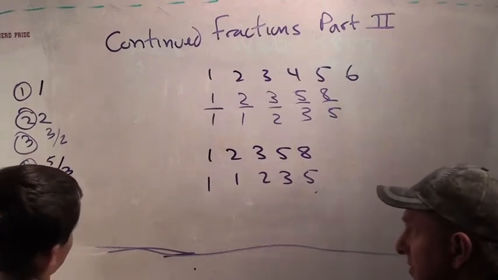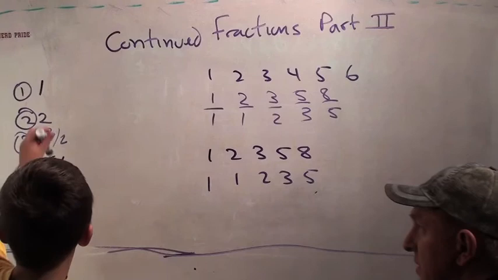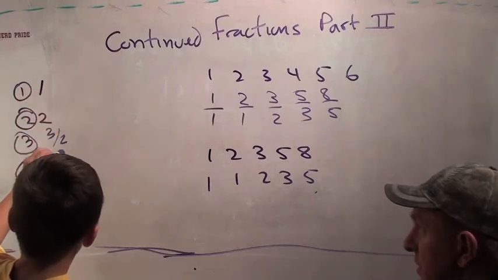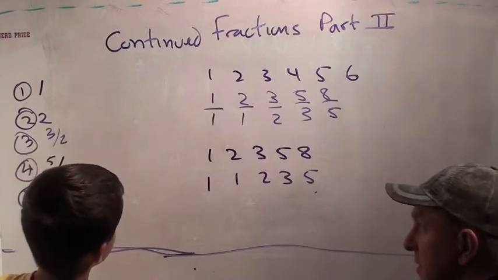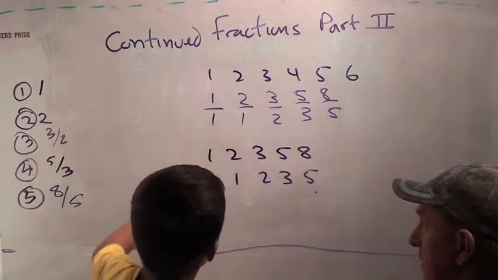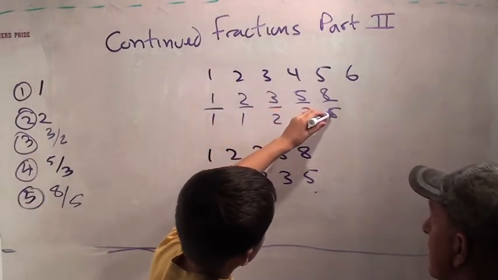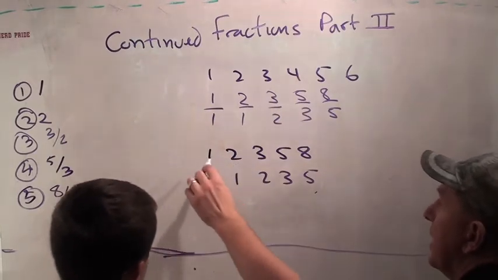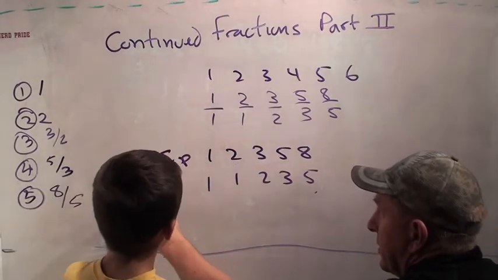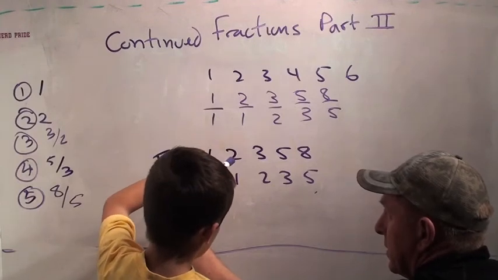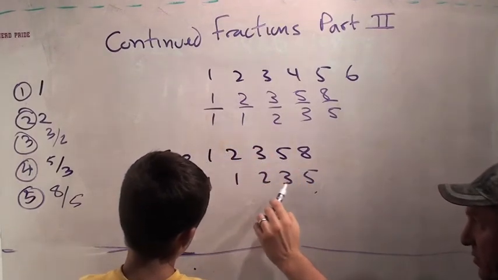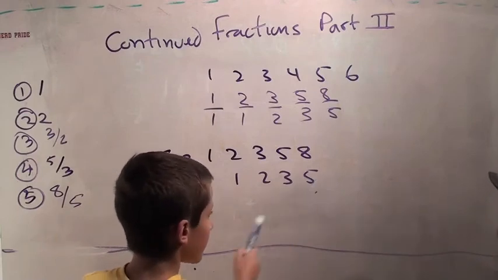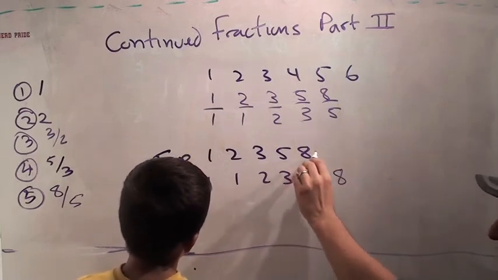Do you see 1, 2, 3, 5 anywhere else? Okay, you see it up there? This is the top, and this is the bottom. Okay, so 1, 2, 3, 5, 8. And here we got 1, 2, 3, 5. So what do you think will be next? 8. 8, okay. What do you think will be next up here?